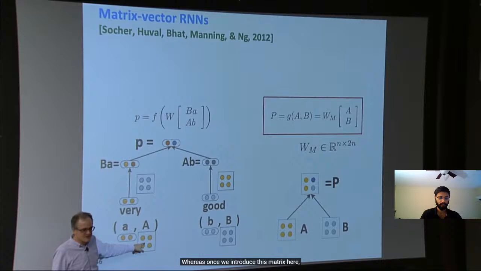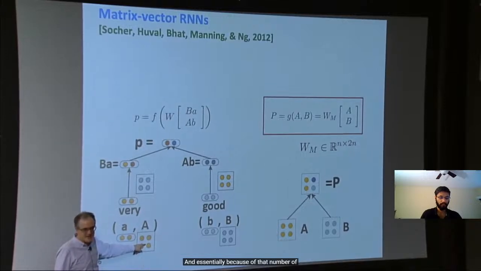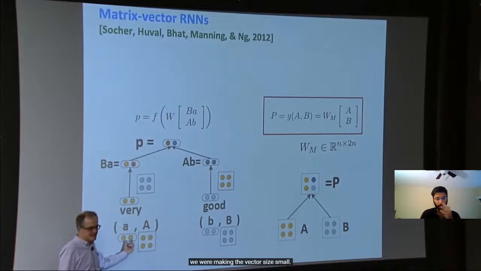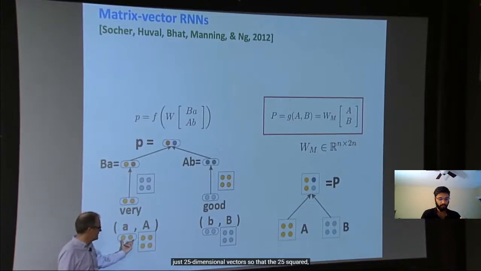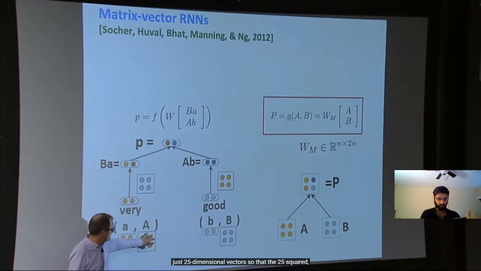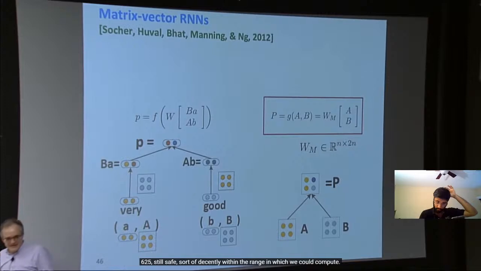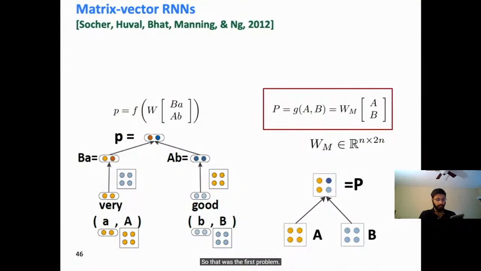Whereas once we introduce this matrix, we've got that number squared of additional parameters for every word. Because of that, to be able to compute this model at all, we were making the vector size small. So we were using just 25-dimensional vectors, so that 25 squared, 625, still stayed decently within the range in which we could compute. So that was the first problem.